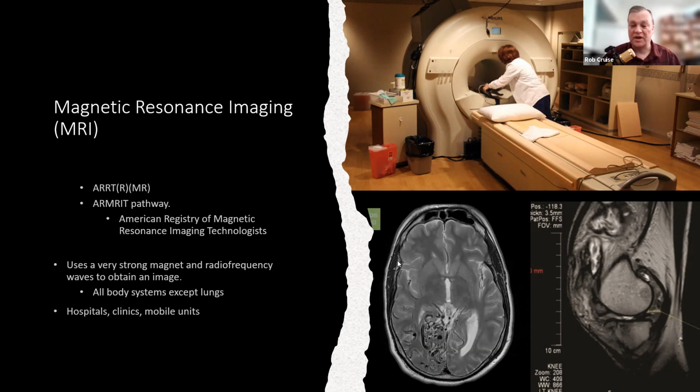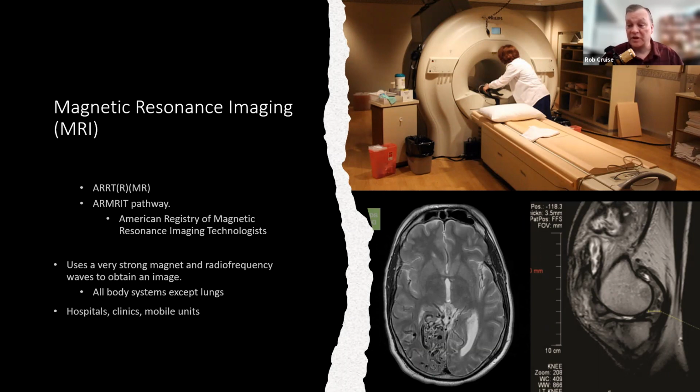That was the first time where we said, okay, let's put something in the system, called gradients, and we can now separate each body part from each other, and each atom or signal area, a voxel that we put into a pixel, a picture element. Anyway, it's lots of stuff, and it's a very good imaging modality for a lot of body parts.